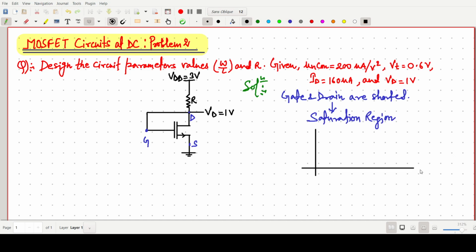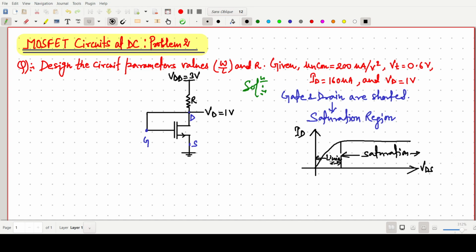Once again I am just showing some of the concept. If this is the ID versus VDS curve, this side will be in the saturation region, and this side will be in the linear region.